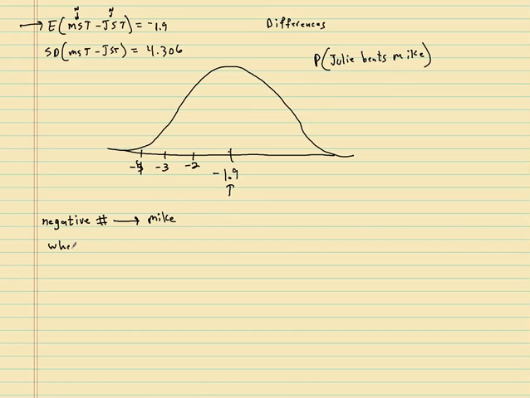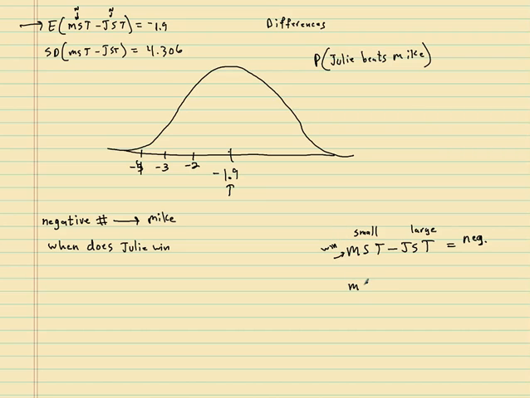When does Julie win? Okay, look at MST minus JST. If this is small and this is large, this equals a negative number. And who won? Smaller number, Mike would win.